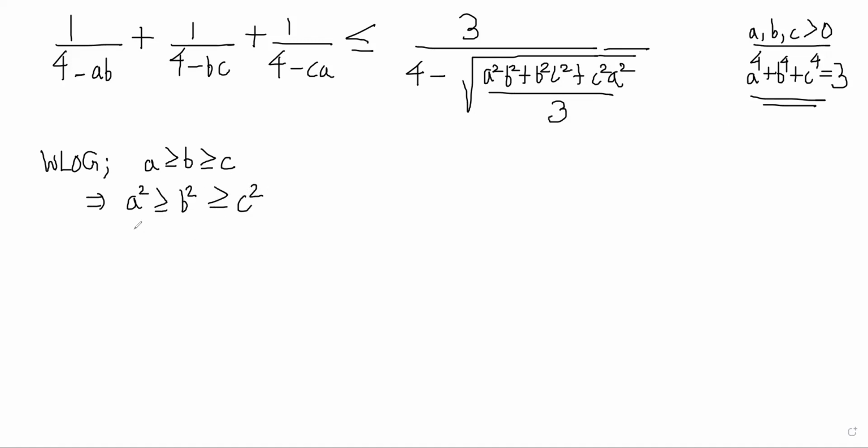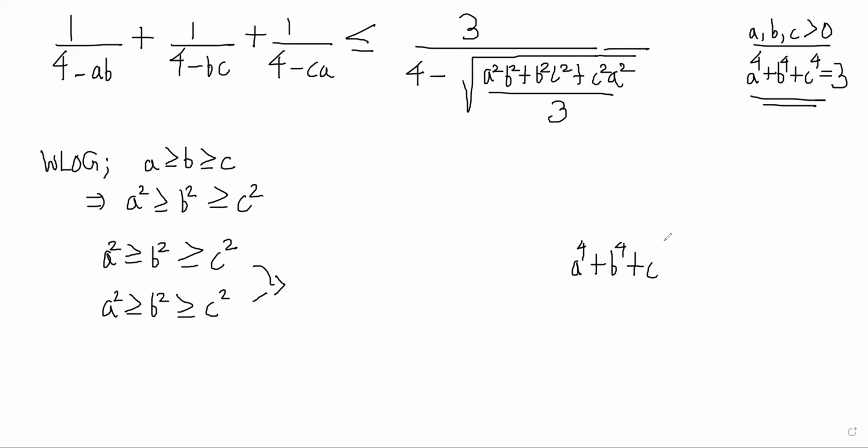So now, taking two different sequences, a square, b square, c square, and another copy of it, a square, b square, c square, by rearrangement inequality, I can say that the same order sum is a power 4 plus b power 4 plus c power 4, right? When you multiply the largest ones with the largest one, that will be greater than or equal to any other order sum, right?